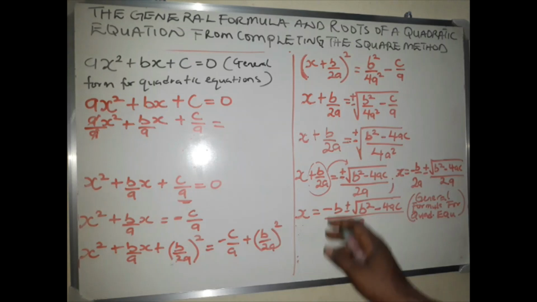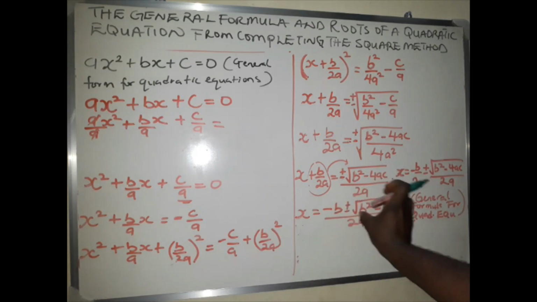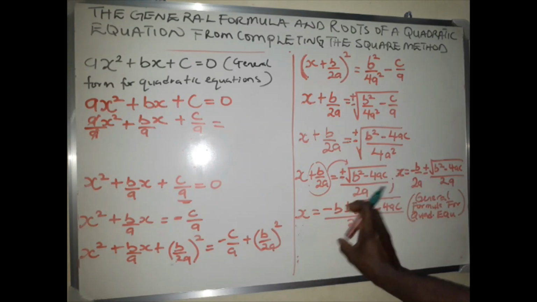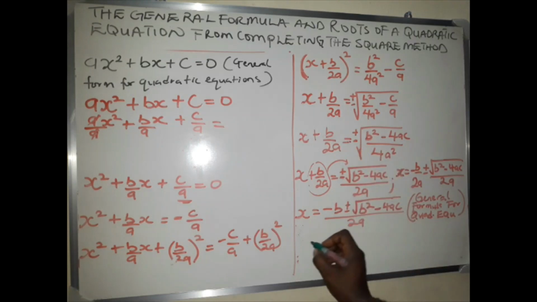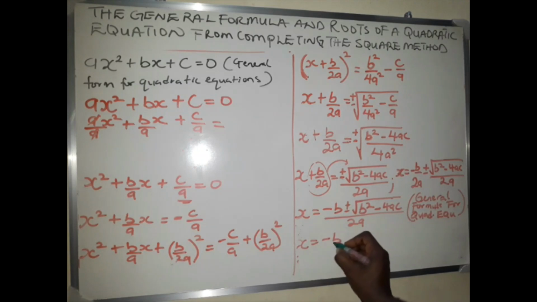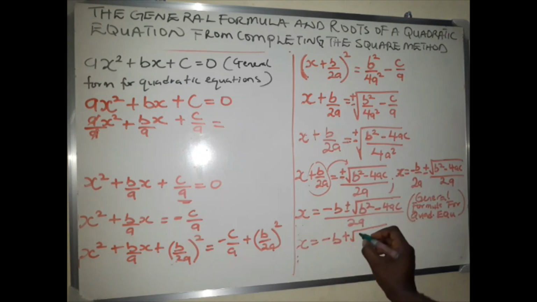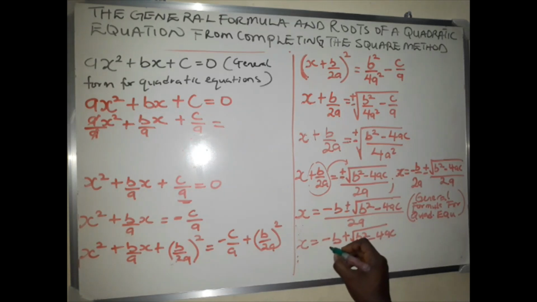So now, to get the roots of the quadratic equation, you're going to split this into two. This is how you split it into two. You say x is equal to minus b, you write the positive first, plus the square root of b squared minus 4ac all over 2a.